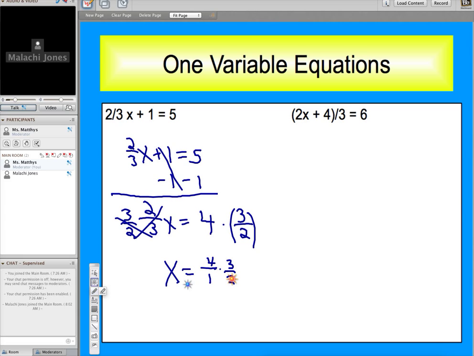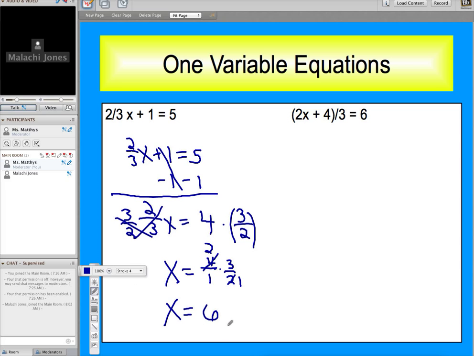And what would I do? The 4 would become a 2, and the 2 would be 1. And then my final answer, multiplying across, x would equal? It would equal 6. You got it.